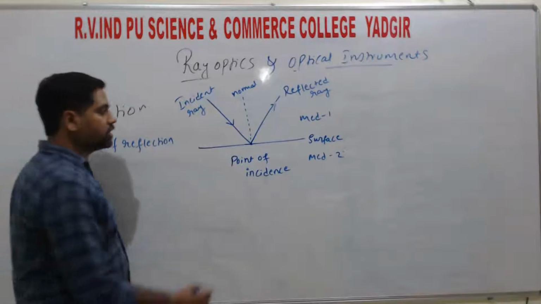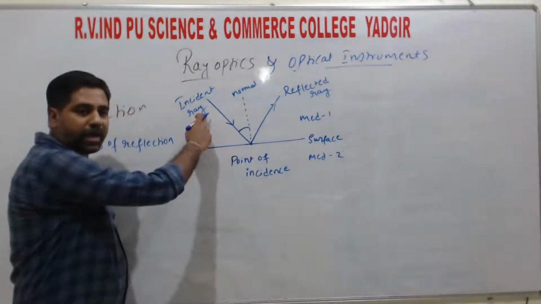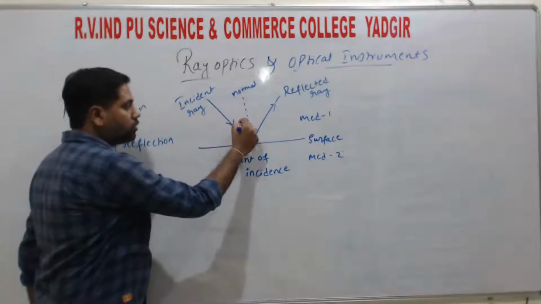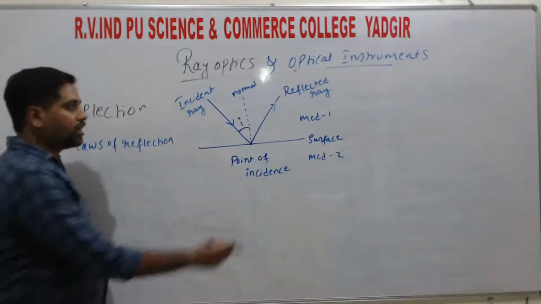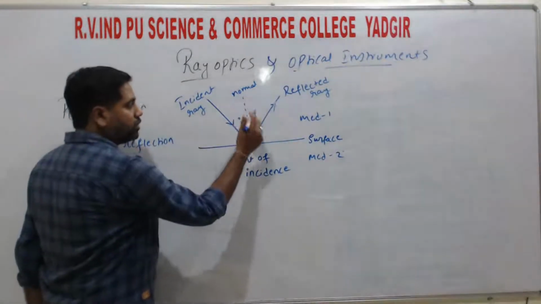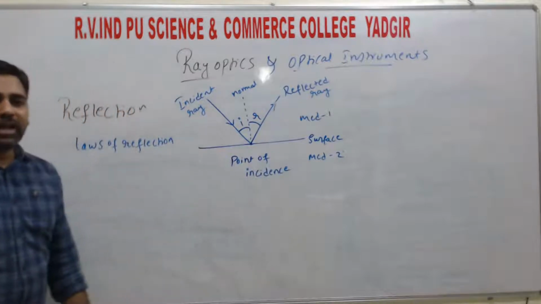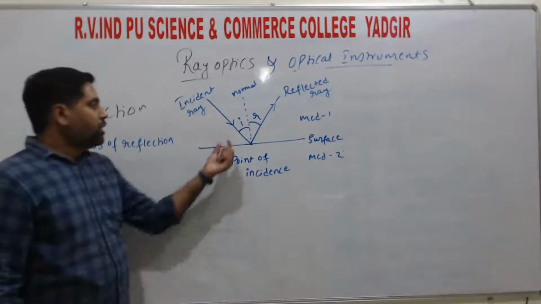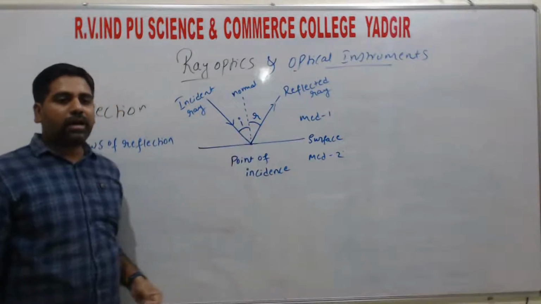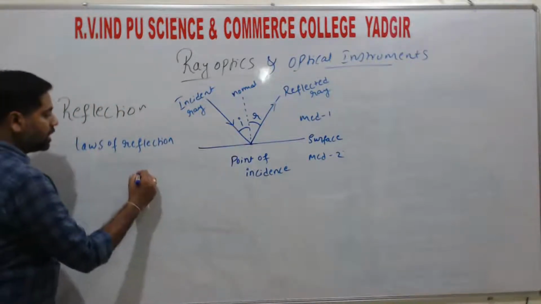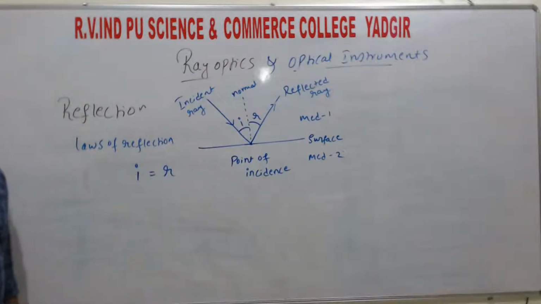The second law of reflection: the angle which the incident ray makes with the normal we call the angle of incidence, and the angle which the reflected ray makes with the normal we call the angle of reflection. The second law says that the angle of incidence is equal to the angle of reflection, that is i is equal to r, right?